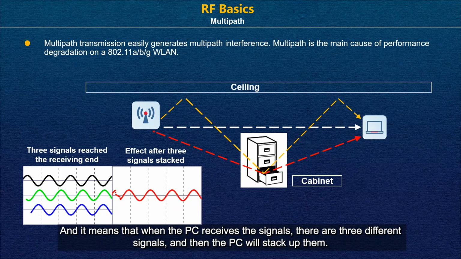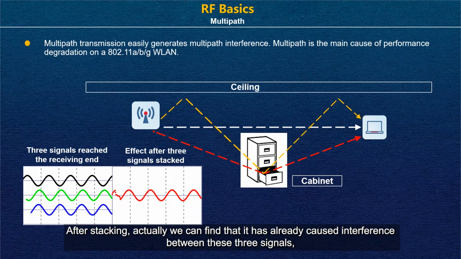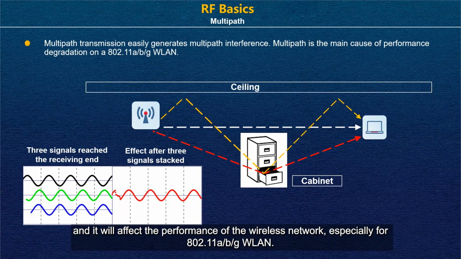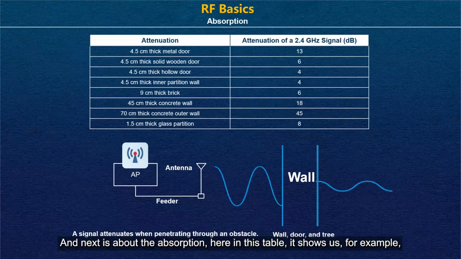And then the PC will stack them. After stacking, we can find that it has caused interference between these three signals, and it will affect the performance of the wireless network, especially for 802.11 a/b/g WLAN.